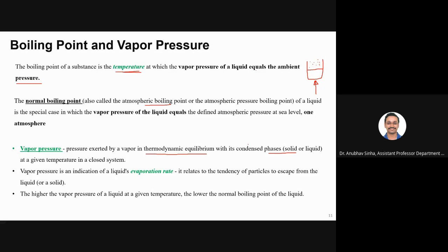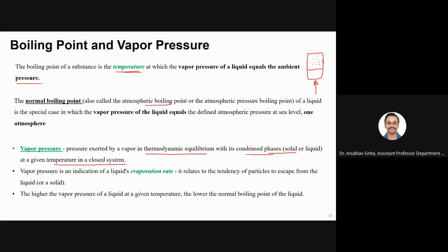Water vapor is in thermodynamic equilibrium with the condensed phase, which is liquid here, at a given temperature in a closed system. For an open system this will be equal to atmospheric pressure, but let us keep it closed. In a closed system, if it starts boiling, it means the vapor pressure has reached atmospheric pressure, or whatever the ambient pressure is.